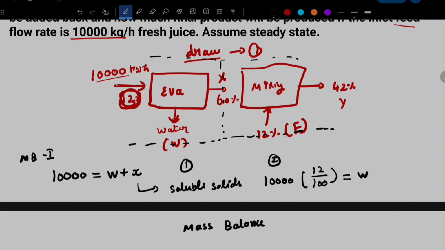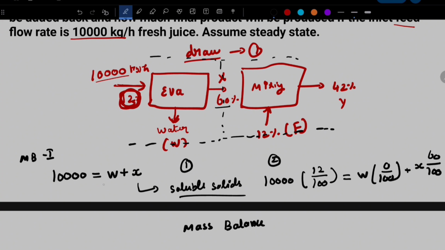We don't know how much water, but the concentration of the water is what? 0, right? There are no solids in the water, so it's 0 divided by 100, because we are only comparing soluble solids. Plus X, we know X is 60, so 60 divided by 100.